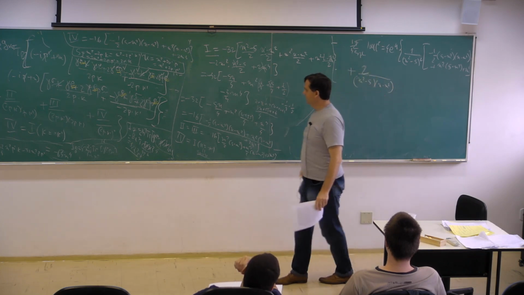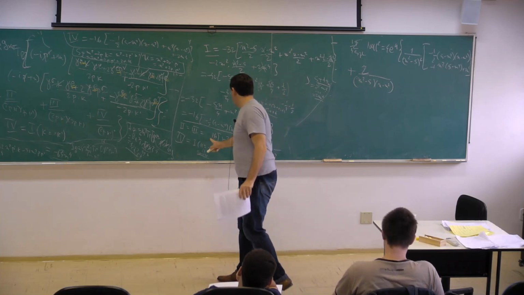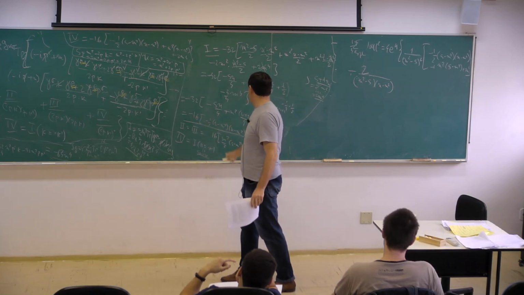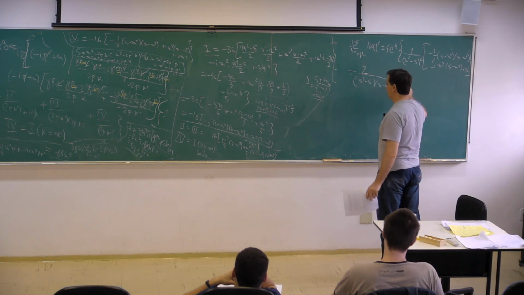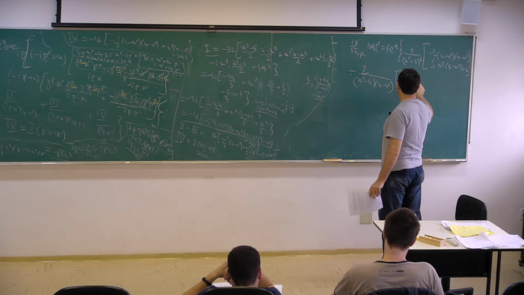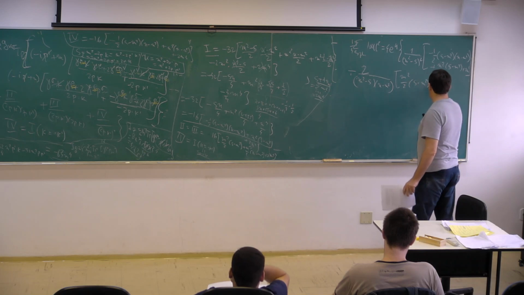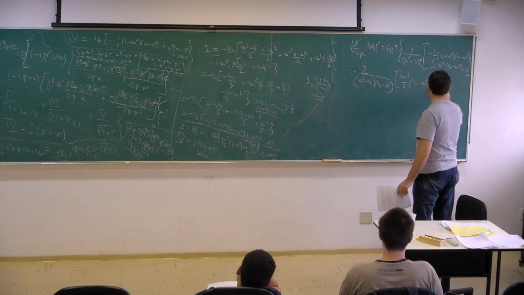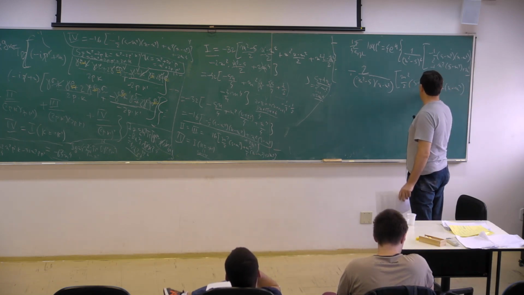Then a factor of 2 for the 2 and 3 together. There's a minus sign as well because I've taken out minus 16. And here I have 16. And then m squared over 2 s minus m squared plus m squared over 2 u minus m squared plus 2m4.